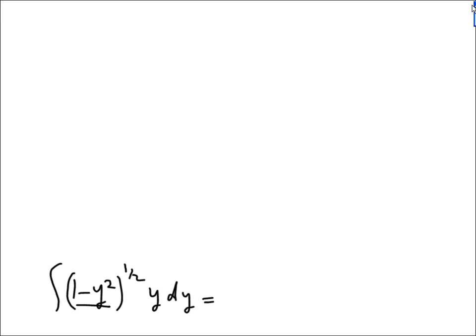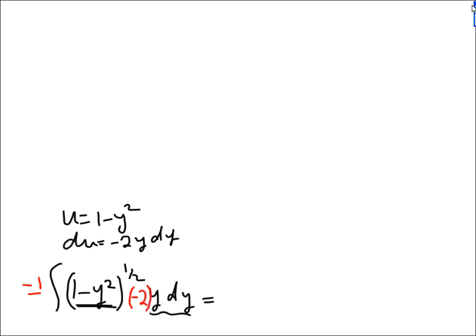Well, if I call this u, if I say u is 1 minus y squared, then du will be negative 2y dy. We have the y dy, we just need the negative 2. Not a big deal when it comes to a constant. I can put in the negative 2, but I have to bring out the reciprocal. After all, negative a half times negative 2 is just 1.